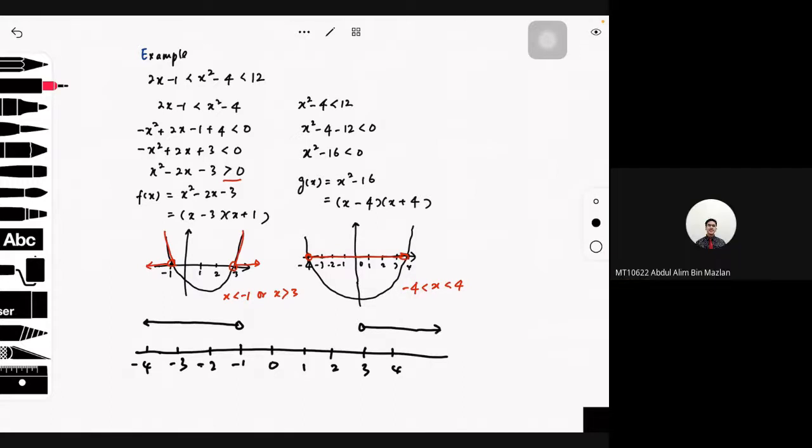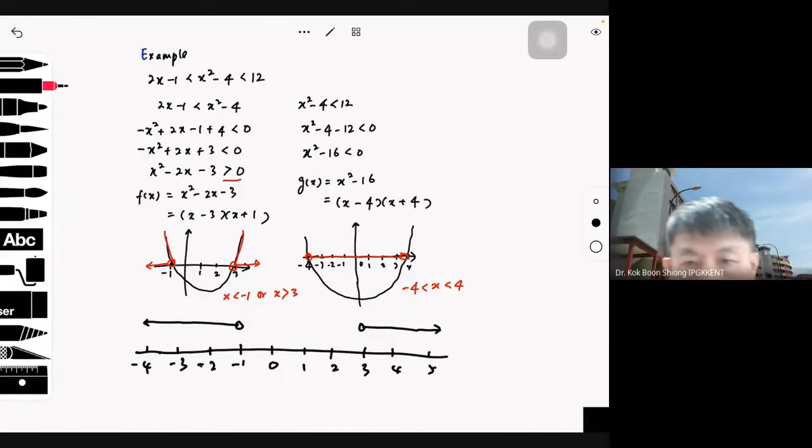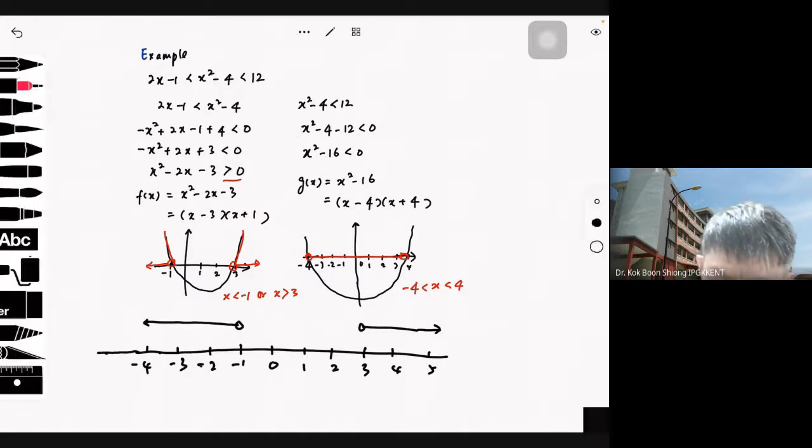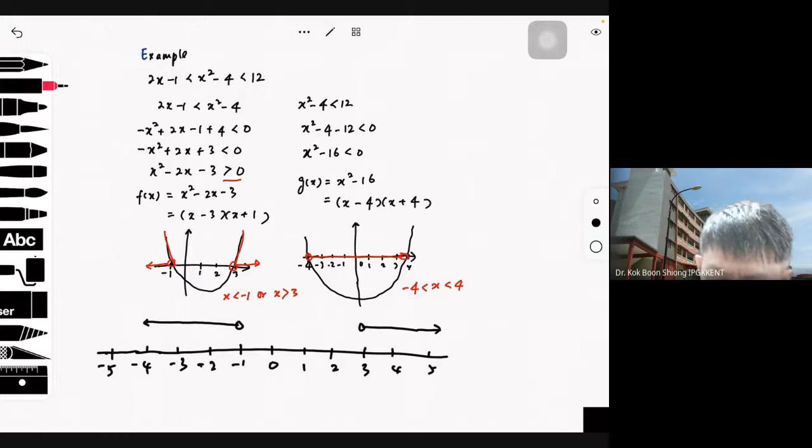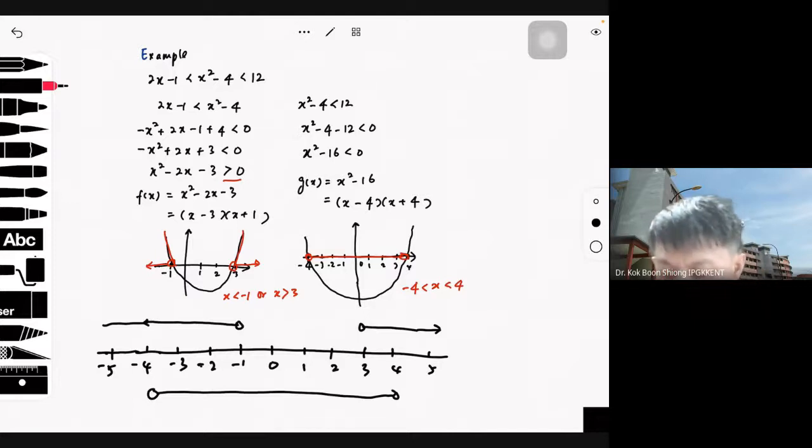Then for the second one, oh sorry, it's between negative 4 and 4.